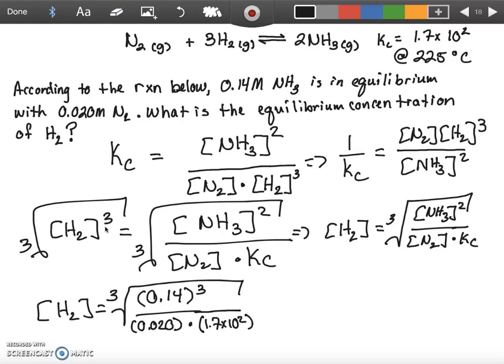Alright. Quite a bit of math to do in there before we take the cube root of anything, so let's do that.